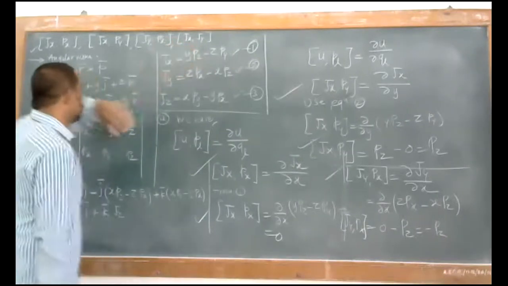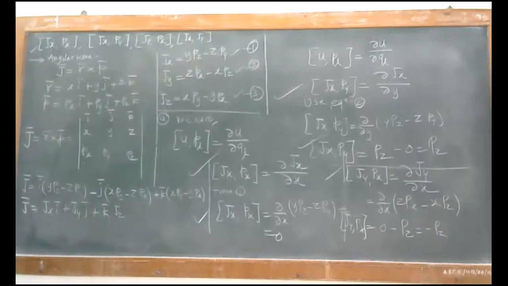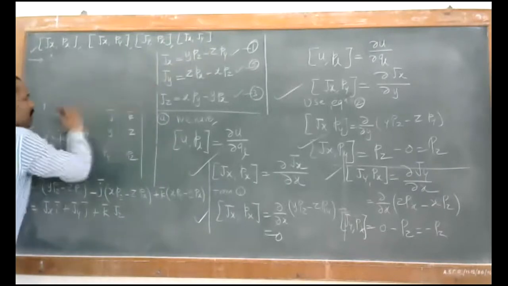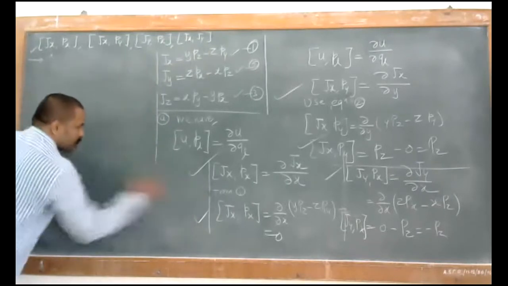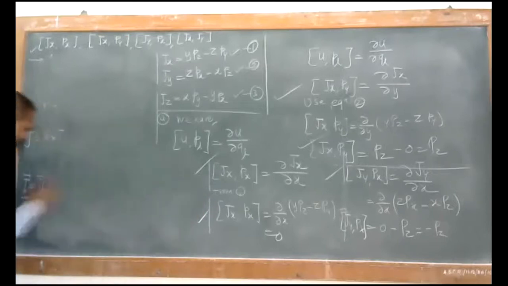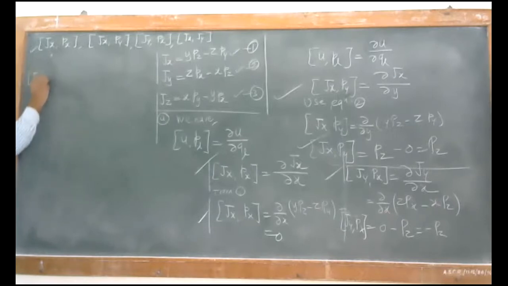Now we'll have to look at this. We just have a condition. So for that, I'll remove this part. And now I have to write the Poisson bracket. Okay. So the Poisson bracket of Jx, Jy. So how do you write that?